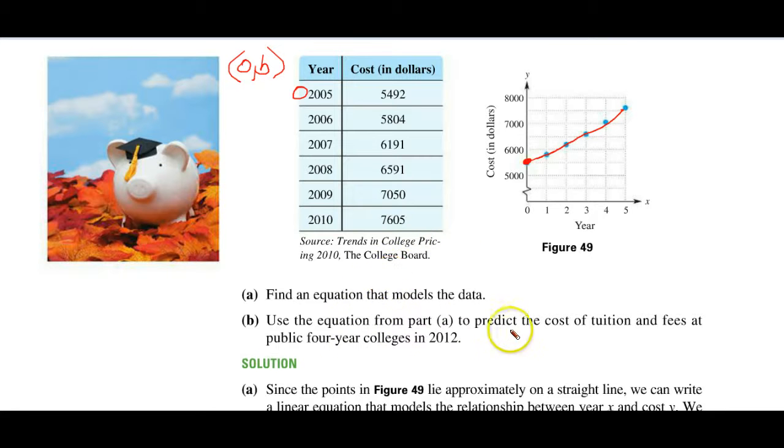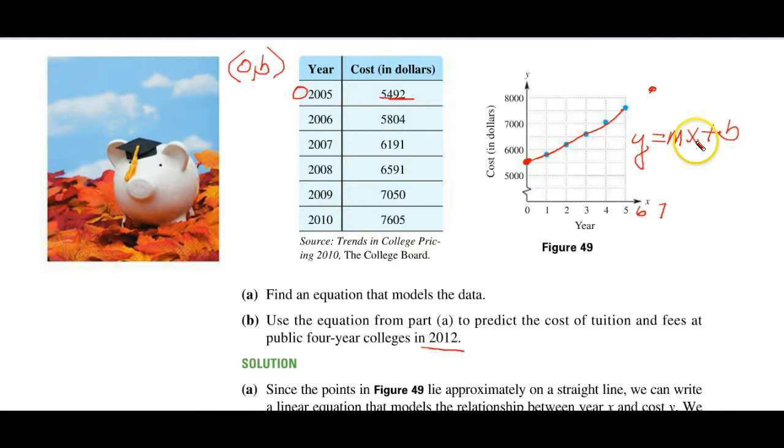And then they want us to predict from this what something would cost in 2012. Well, if this is 2005, how many years after? 7. So we have 6, 7. We're looking for something out here. And once we get our formula, y equals mx plus b, we know our b is this, and we just have to find the slope.